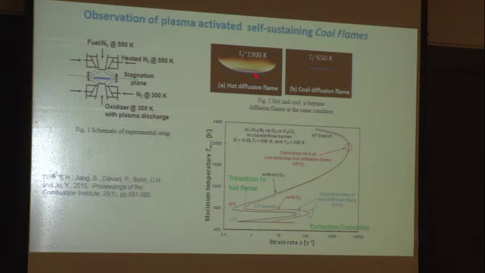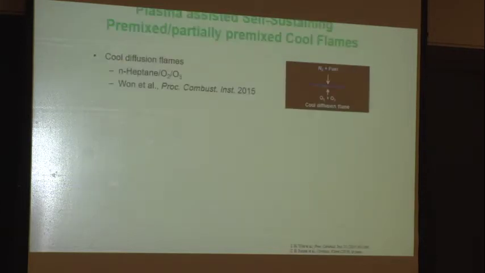And if you reduce the fuel concentration from one side, you can see the extinction limit of high temperature flames moves toward here, and this one does not change much. That means that at lean fuel conditions, you have a broader range to see a cool flame. You have a narrow range to see a high temperature flame. So that is a very interesting thing about plasma-assisted combustion.